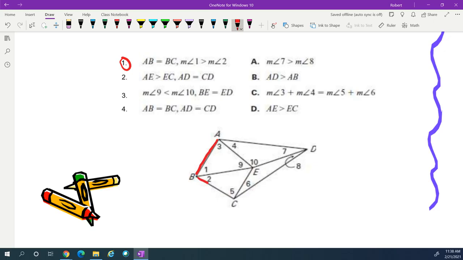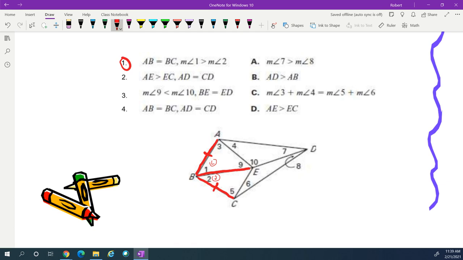Those are congruent. Now we're told angle 1 is greater than angle 2. So angle 1 and angle 2, we're going to split it. Angle 1 is larger. Angle 2 is smaller.